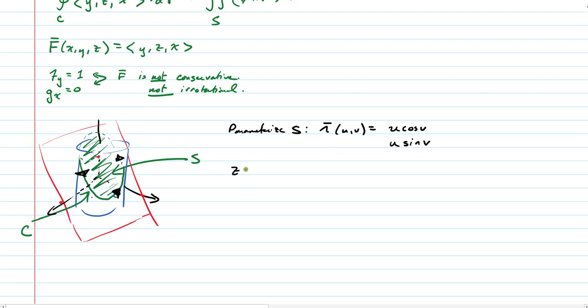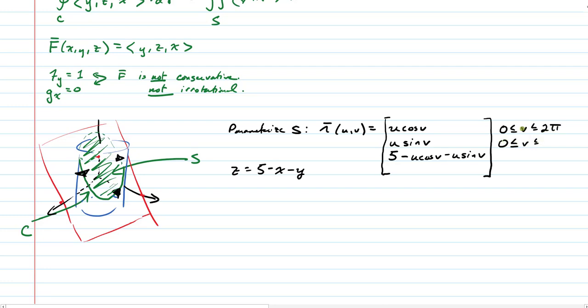But if I were to solve that plane for z, we have that z is equal to 5 minus xy, and so we'd have that the third component for this parameterization is 5 minus u cosine v times u sine v. And this is for 0 less than or equal to v less than or equal to 2 pi, and 0 less than or equal to u less than or equal to 1.